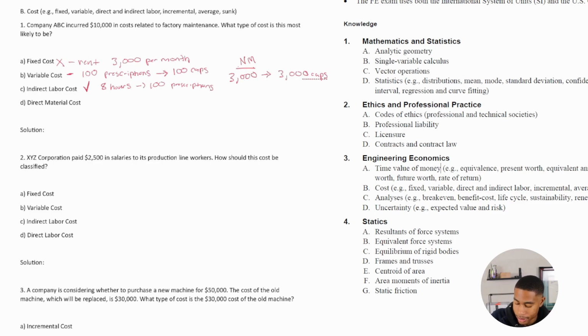Now, an indirect labor cost would be this particular example, where you need someone to make sure that the factory is maintained and that the different belts are running, right? So you need a person that does labor.